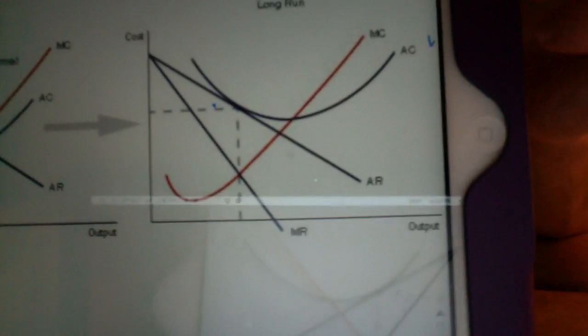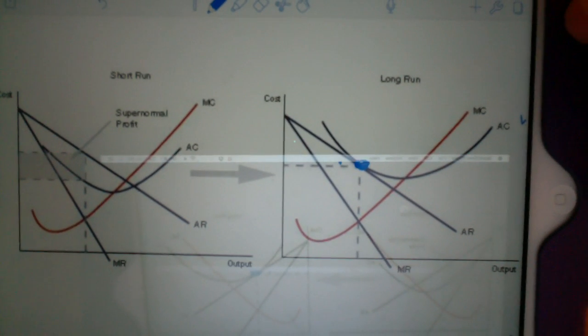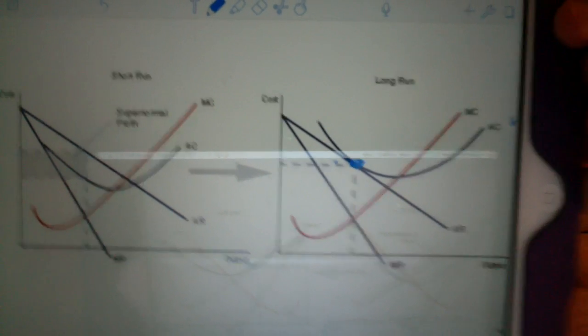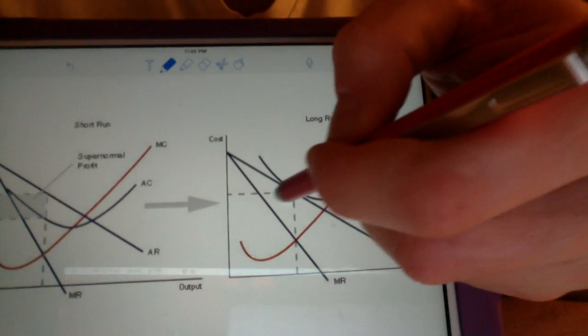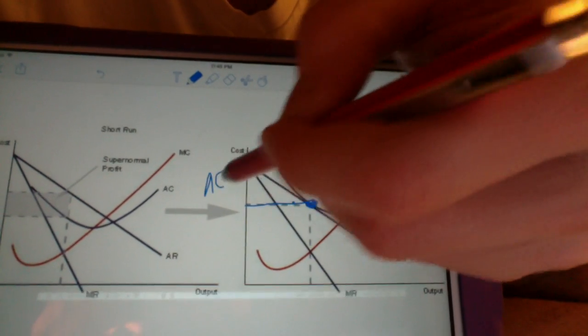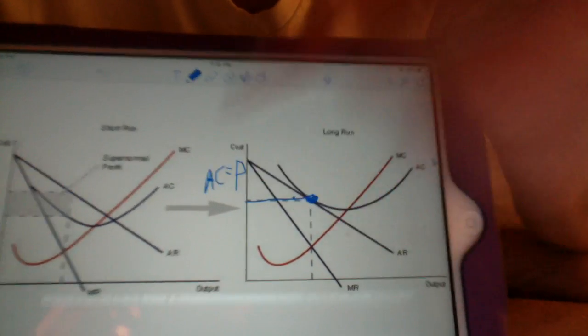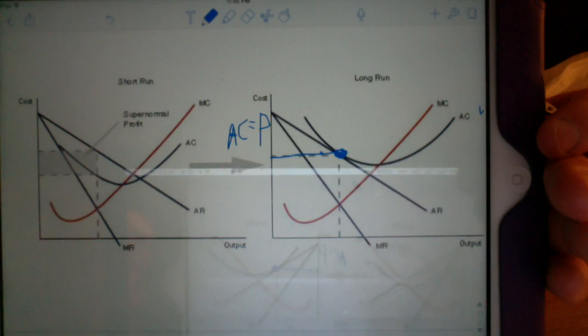I want to point that out. So it happens at exactly one point where the average revenue equals the average cost, and there are zero economic profits. You can go across and you can see that average total cost is equal to price, which means there's no profit.